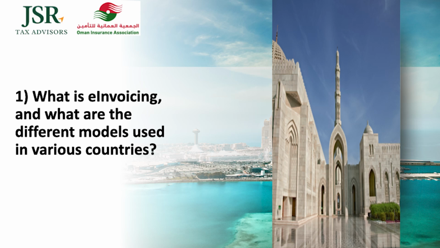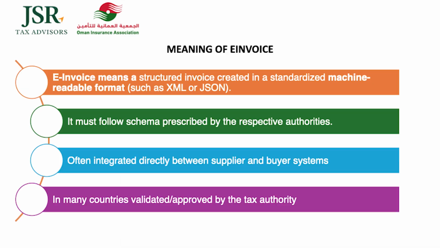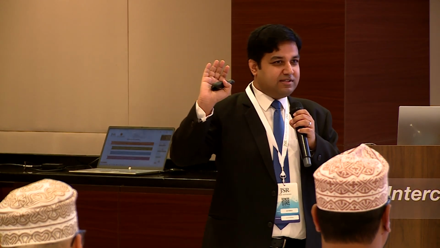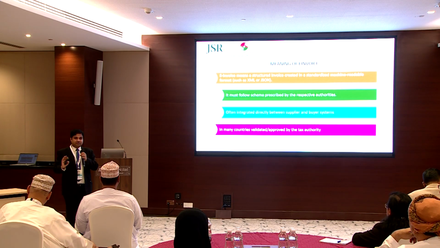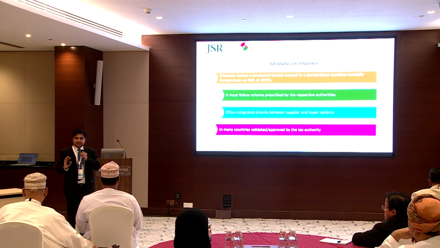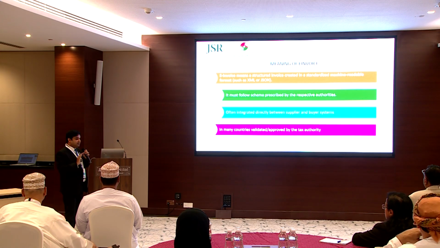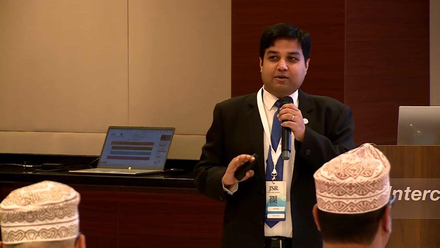First, I will cover what is e-invoicing. Can somebody describe it in two words or a sentence? Is anyone issuing e-invoices as of now? At present, no. So an e-invoice is different from the current invoice which we issue. Current invoices are digital invoices. So what is the difference? An e-invoice is an invoice which is readable by machines.